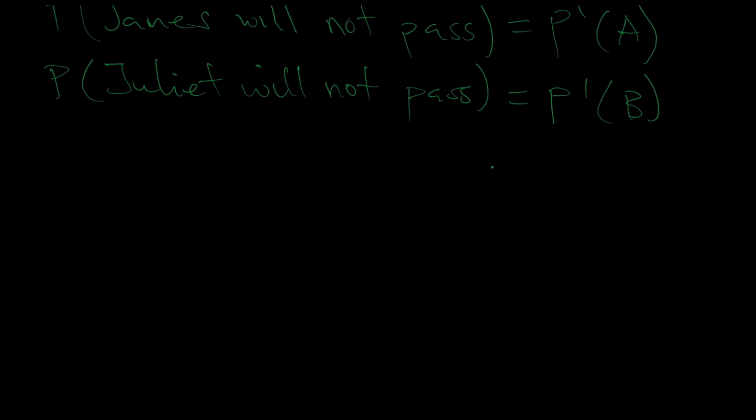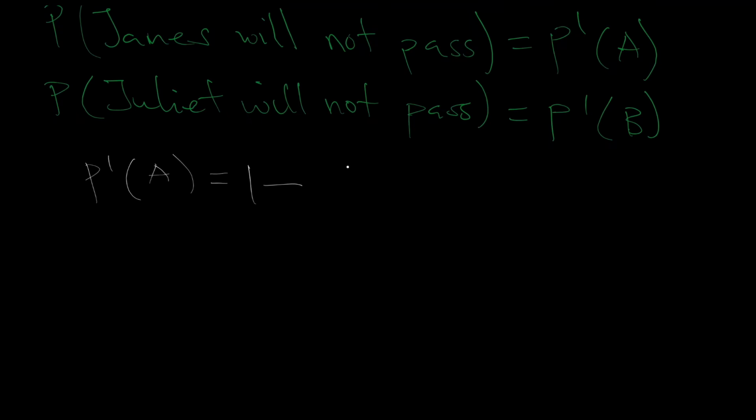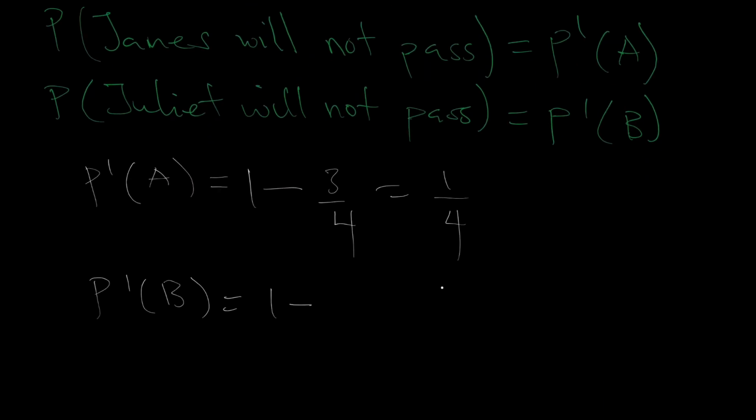So P prime of A should be equal to 1 minus the probability that James will pass, which is 3/4. We get 1/4. And the probability that Juliet will not pass should be equal to 1 minus the probability that Juliet will pass, which is 1 minus 3/5.